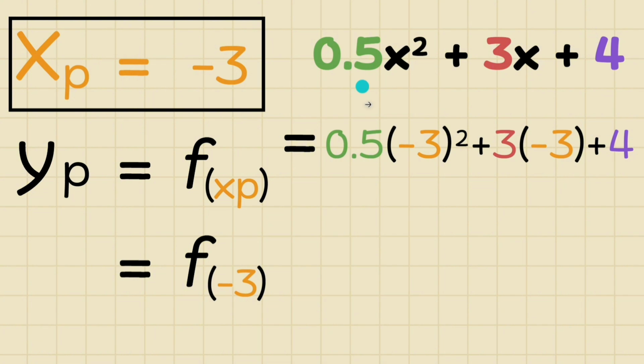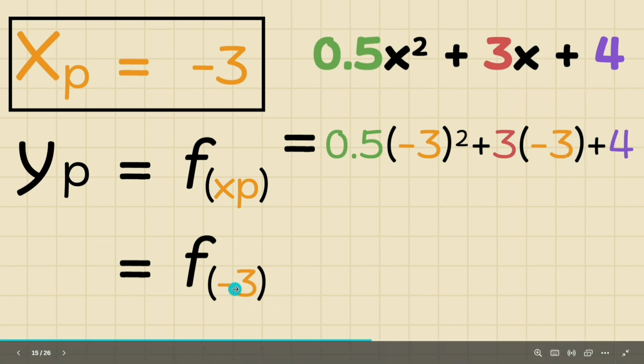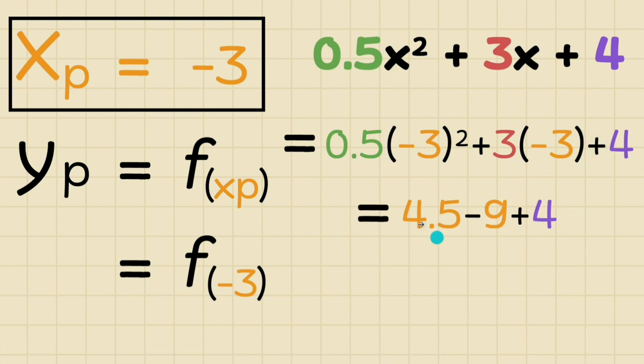Here we have 0.5 times negative 3, and then to the second power, plus this, right? And you can see here all of the x's are being substituted for negative 3. Simplify, we get this. Okay, this is positive because negative 3 times negative 3, negative 3 squared, is 9.